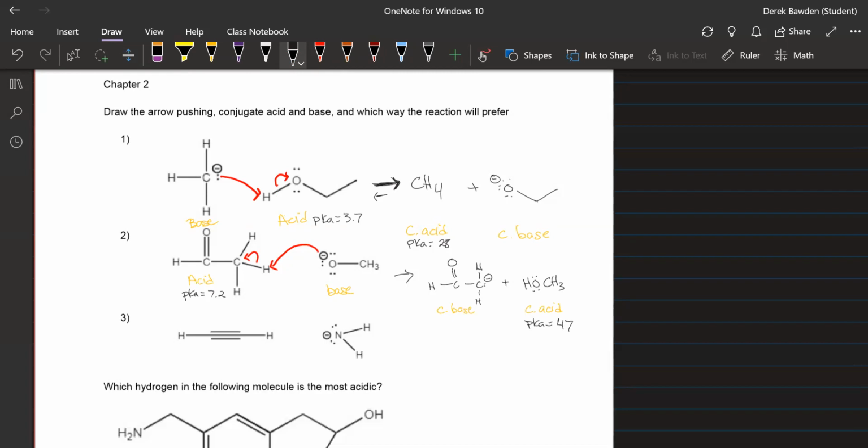These are not realistic numbers, I'm just making them up. But which way is our reaction going to prefer? Products, right? So we're going to have a bigger arrow going towards our products, away from our stronger acid.